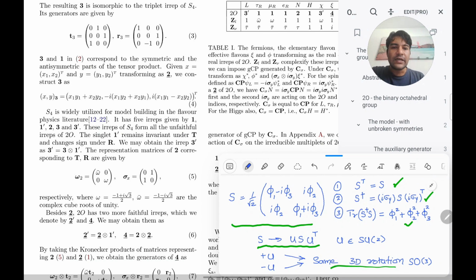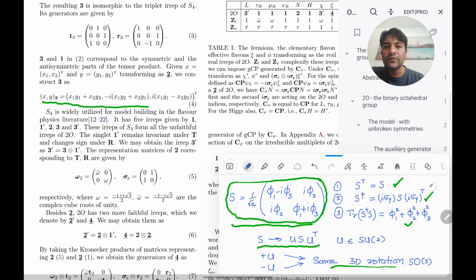Now let us look at the structure of the symmetric matrix S and compare with our tensor product expansion, equation number 4. The first component is x1 y1 plus x2 y2. That goes along the trace that corresponds to phi1 here. The second component is minus i times (x1 y2 plus x2 y1).